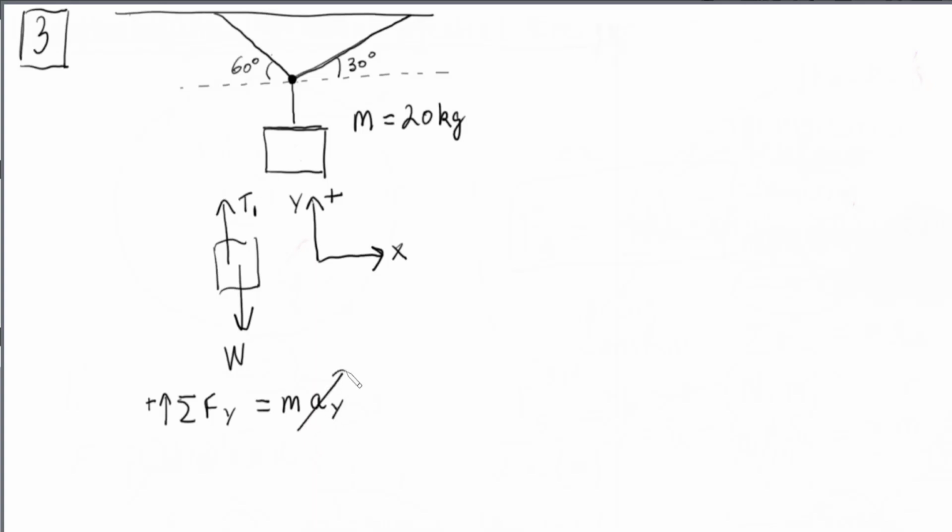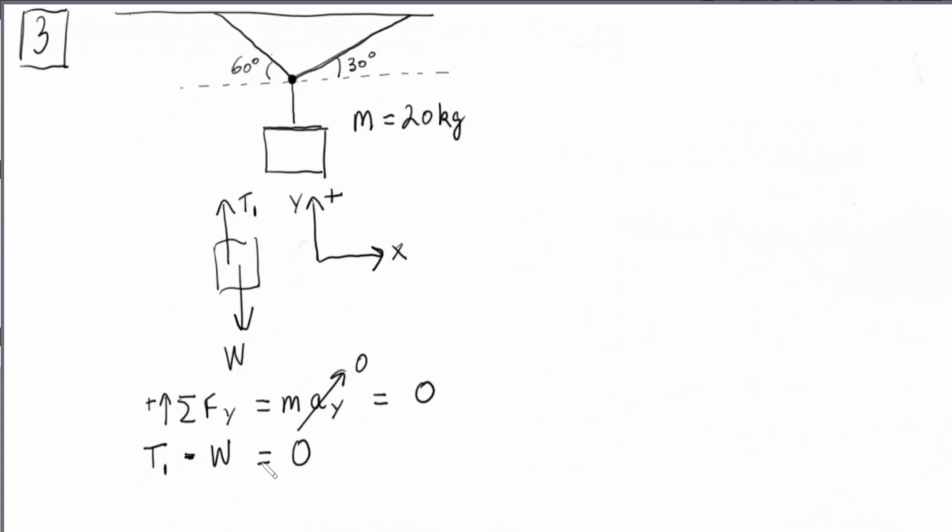And we know this is going to be 0 because there's no acceleration happening in the y direction. So the sum of the forces in the y direction is equal to 0. And by that logic, we can say T1 minus the weight force is equal to 0 as well.